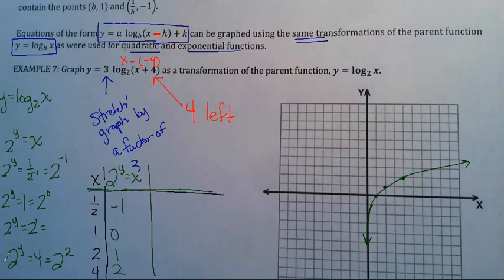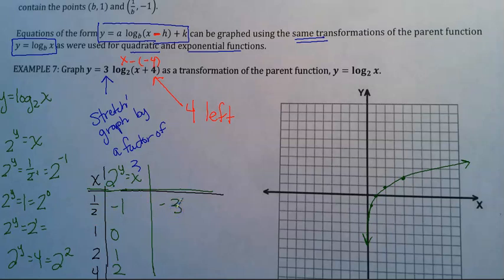Thank goodness, right? Because it's stretched by a factor of 3, and I'm moving it 4 to the left. So let's look at what that means to stretch it by a factor of 3. Instead of having (1/2, -1), I'm going to stretch that, and I would have a -3.